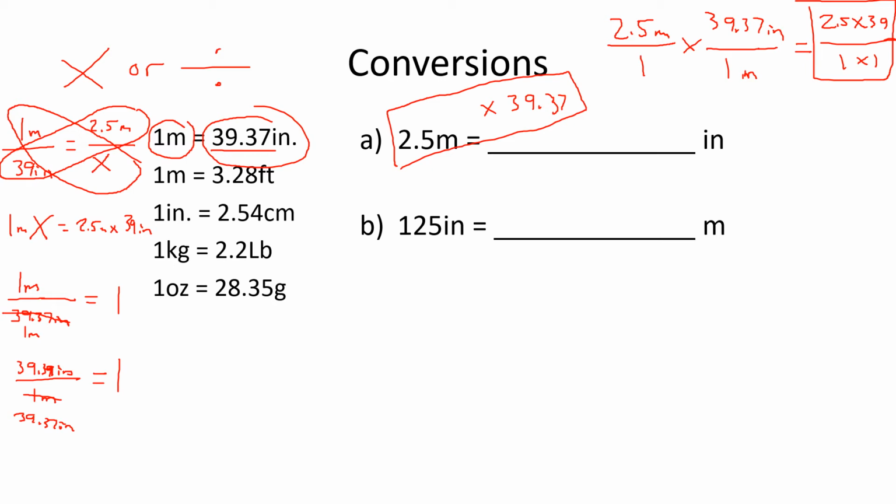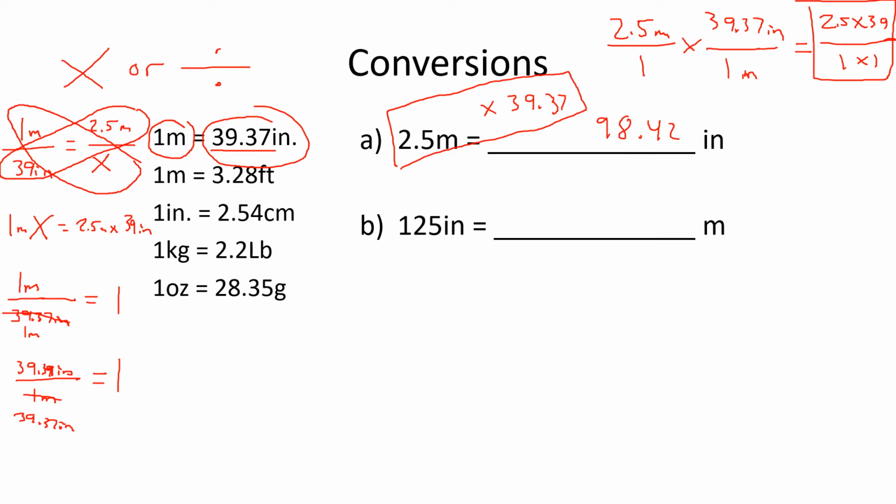So what's your final answer? 2.5 meters is how many? 98.425 inches. Yep. So you get about 98.42. So as long as you get 98.42, you're fine. Either method you use, cross multiplying or using your dimensional analysis.